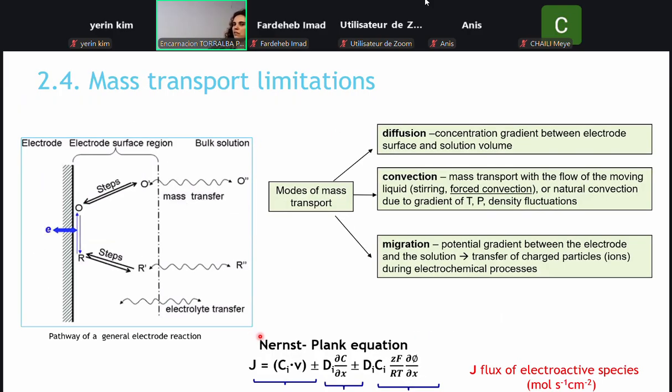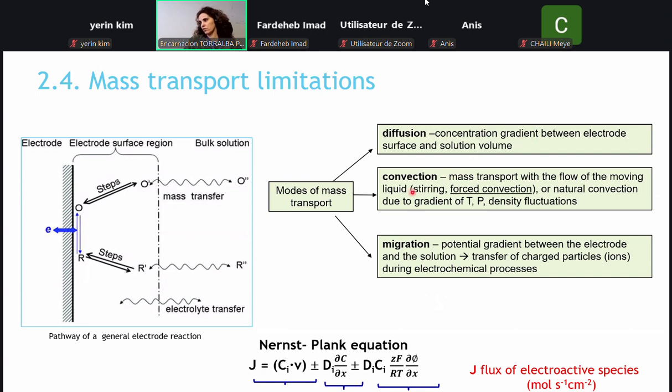Then I talked to you a little bit about mass transport limitation, a phenomenon that happens constantly in the lab. So we got the 3 ways of transport: diffusion, convection, and migration. The diffusion was a gradient of concentration.